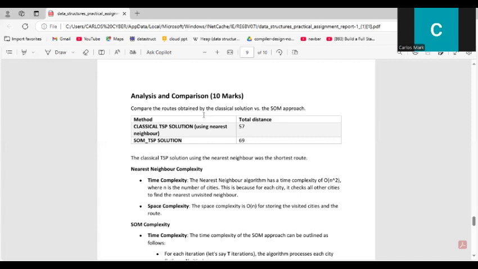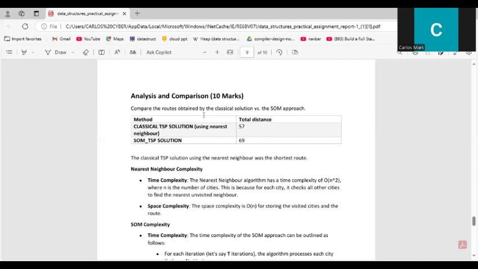So the nearest neighbor is guaranteed to give you the fastest route. That's why, for the comparison, we first looked at the distance: the nearest neighbor was the shortest route, as it traversed all states and gave us a total distance of 57 that was covered.